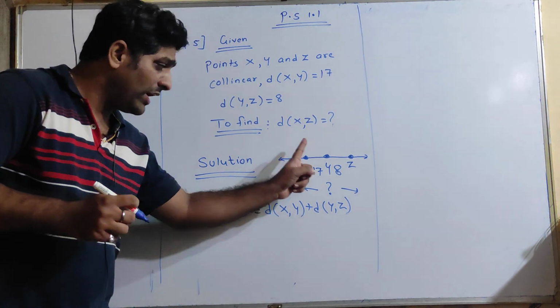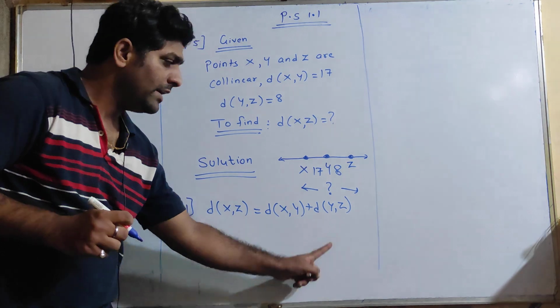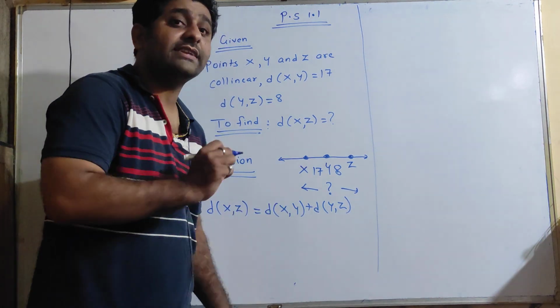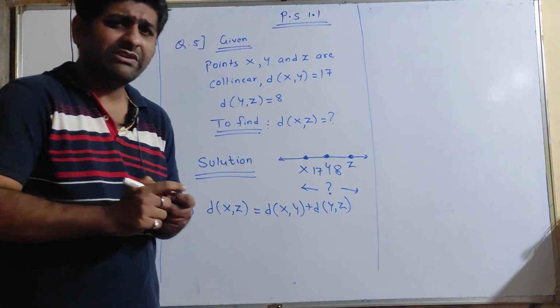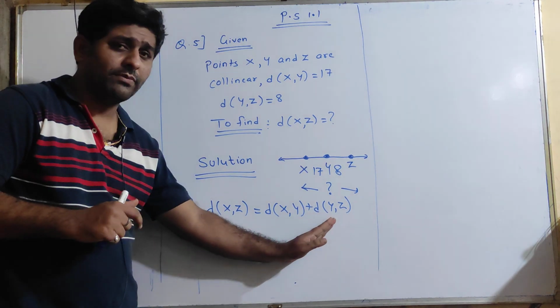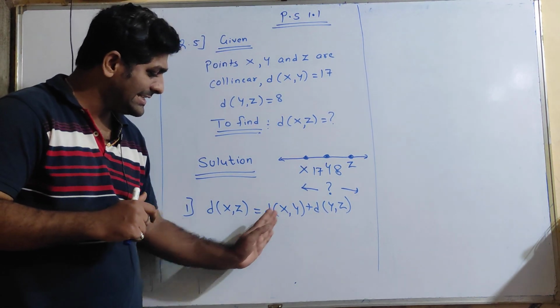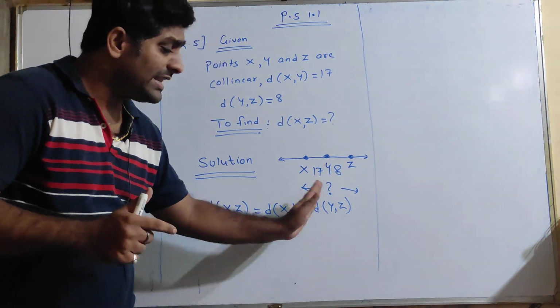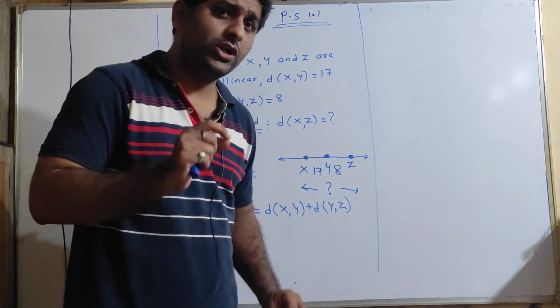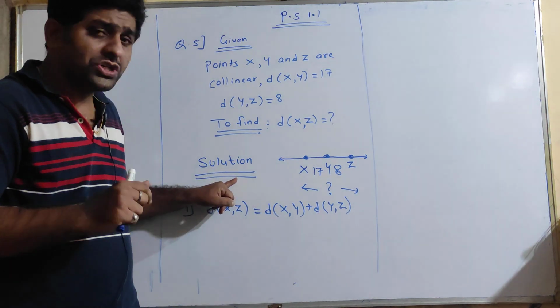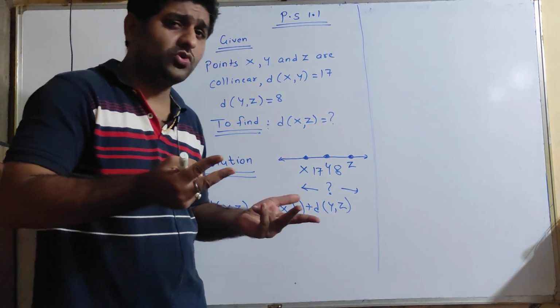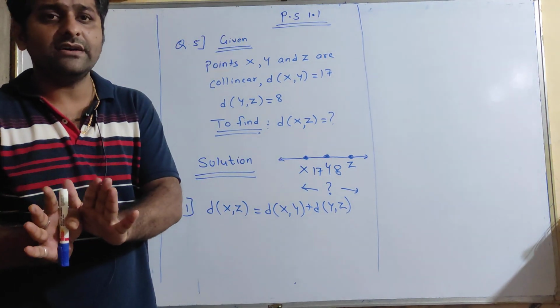One we call the statement part, and the next is the reason part. Whenever we write any statement in geometry, there has to be a specific reason for it. Always remember, the solution part in geometry is made up of two things: a statement and a reason.